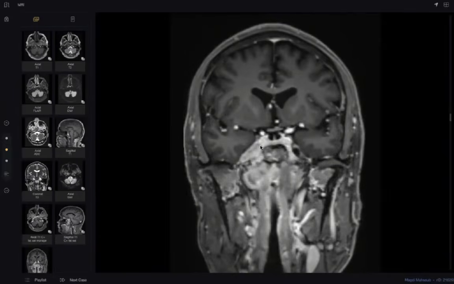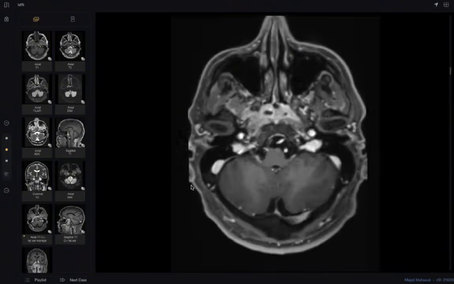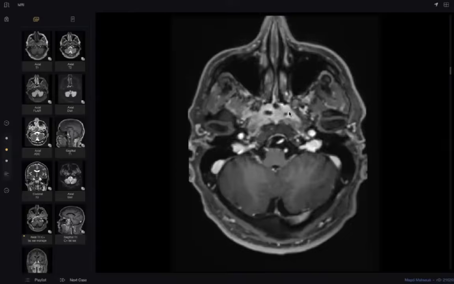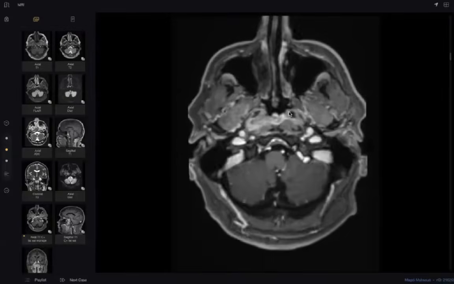Look here, very thick here, and destroying the foramina. This is not acceptable to be a normal asymmetry. Tumors start like this, my colleagues, like subtle signal abnormality or soft tissue asymmetry. Look here.